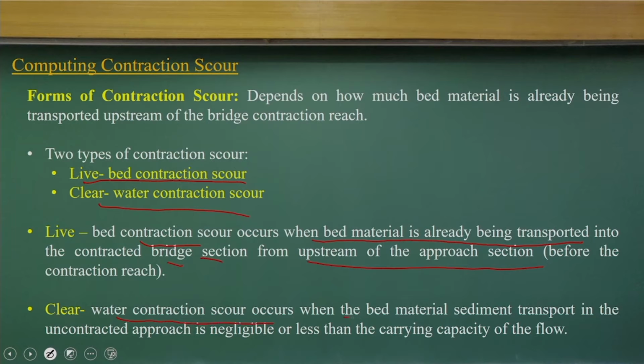Clear water contraction scour is where bed material sediment transport in the uncontracted reach is negligible or less than the carrying capacity of the flow. So again, we are defining what live bed and clear water contraction scour are.